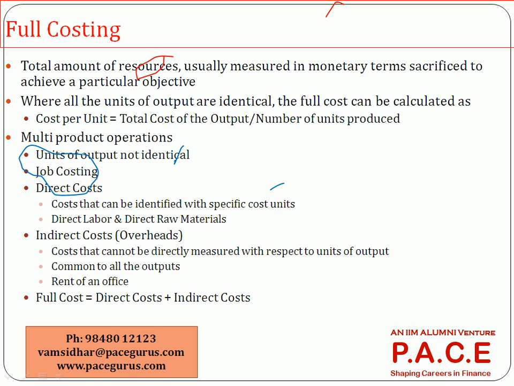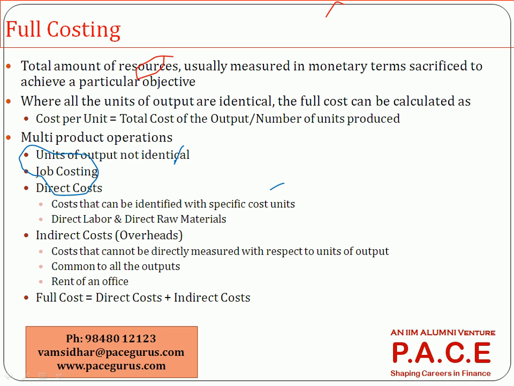Similarly, labor also comes into it. How many hours of labor are involved in producing one television, and what is the labor amount per hour that is paid to that labor? Or it could very well be, in a particular month, how many televisions can one single laborer produce.